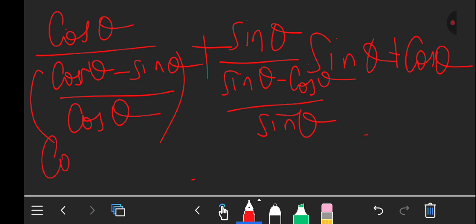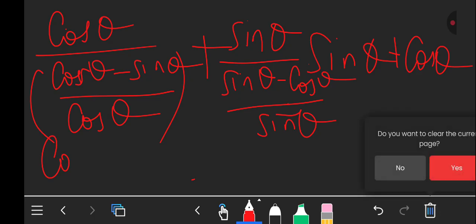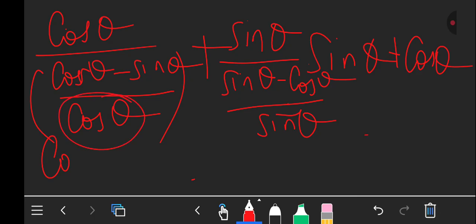Now at this point we can interchange this, because this is simply division there. So we're going to multiply cos theta by cos theta on top, because this is division, so we find the reciprocal. And even on this side we do the same.